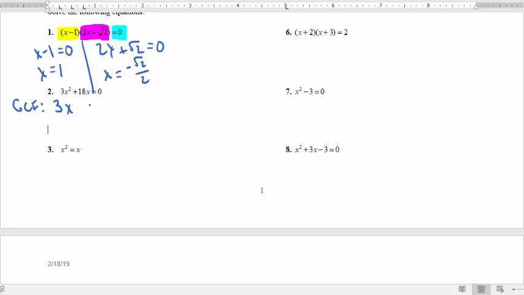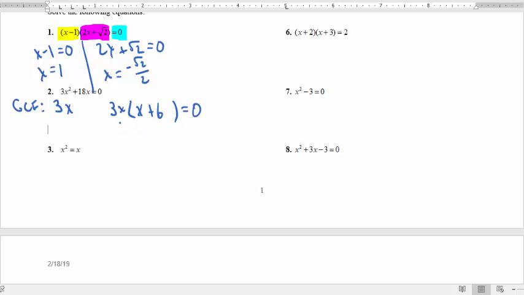And then the second factor is going to be what's left after you divide 3x out, right? So if I have 3x squared divided by 3x, well, the 3's cancel, one of the x's cancels, and I'm left with x. And then here, 18x divided by 3x, well, the x's cancel, and then 18 divided by 3 is 6. So I end up with x plus 6 equals 0.